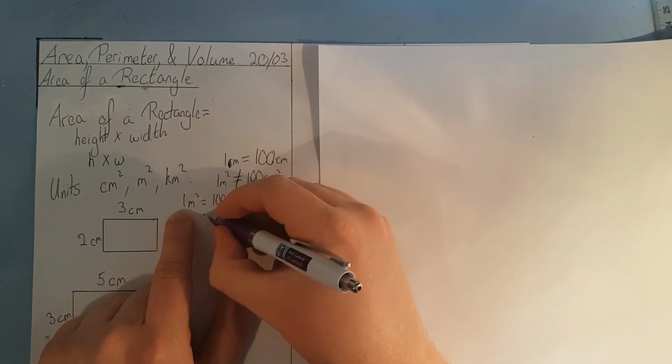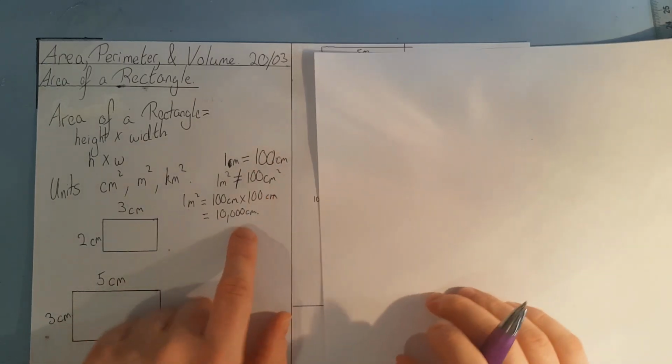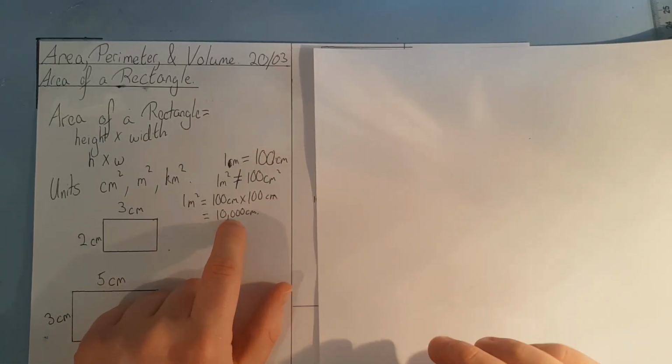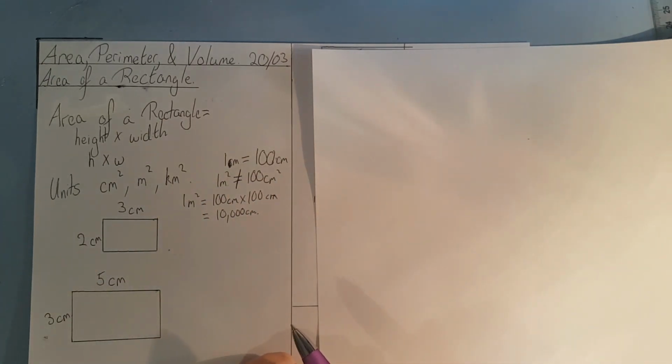So 1 meter squared actually equals 10,000 centimeters squared. So just keep that in mind. You need to keep the same units as you're multiplying, okay?